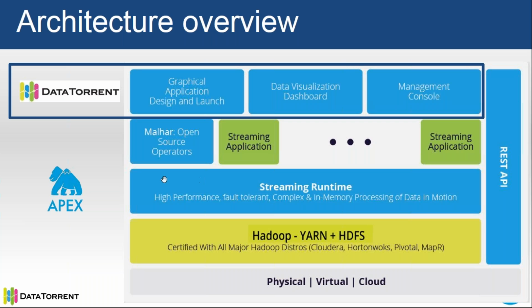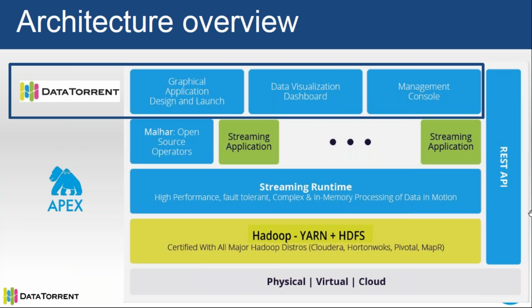Your applications run on top of this runtime engine. You can think of it as an OS for your streaming applications, and each streaming application runs on top of this. And we have a library of open source operators, which is Apex Malhar, and then the custom applications built by the app developers, or even the app templates developed by DataTorrent.